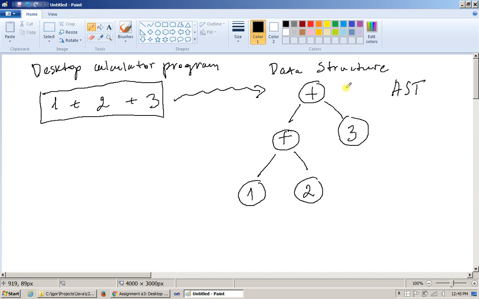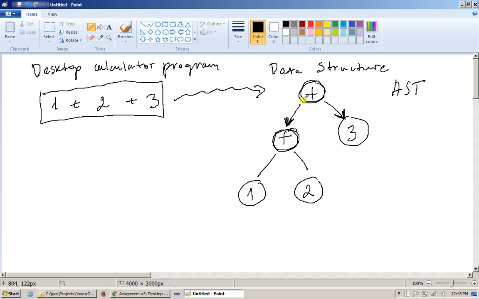Then we could build an interpreter that would start at the top and say, in order to do the computation, I need to go to my left-hand side and to my right-hand side, right? On the right-hand side, it's trivial. The value is 3. However, on the left-hand side, there is another operation that needs to be performed.